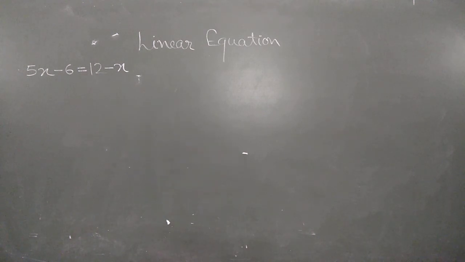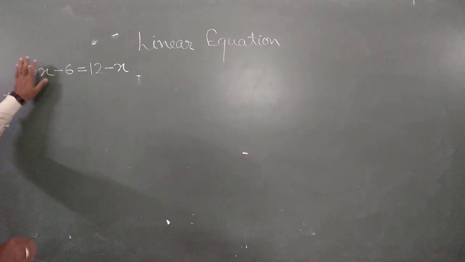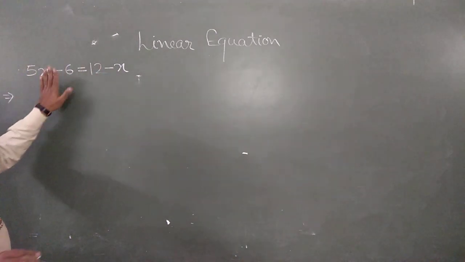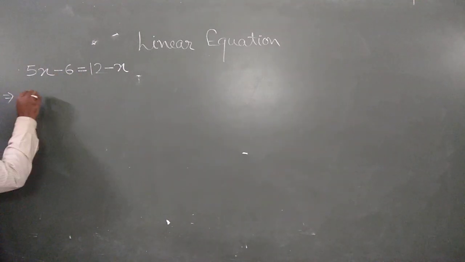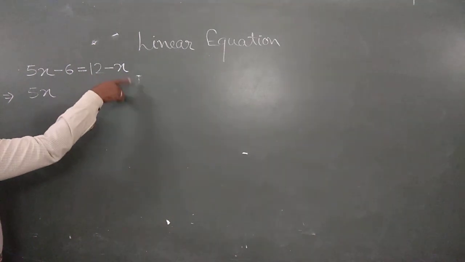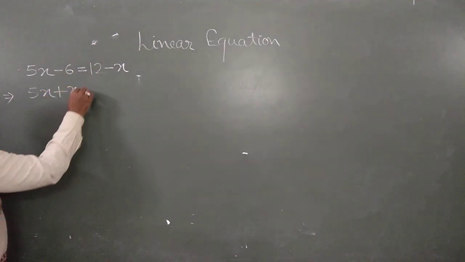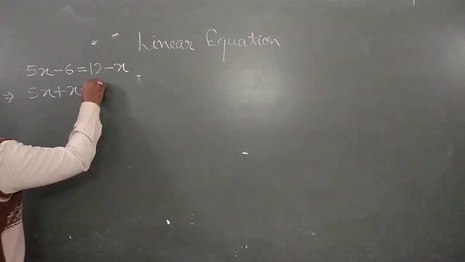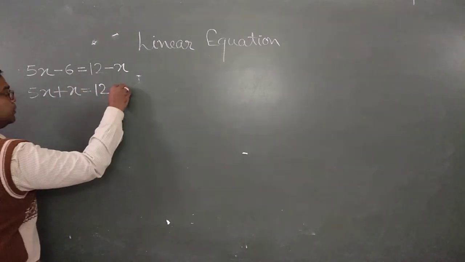Likewise, see this side. Here first we transpose the variable to this side and the number to that side to solve it easily. So what we have, 5x, here we have minus x, shift to this side, plus x equals 12, minus 6 changes to plus 6.